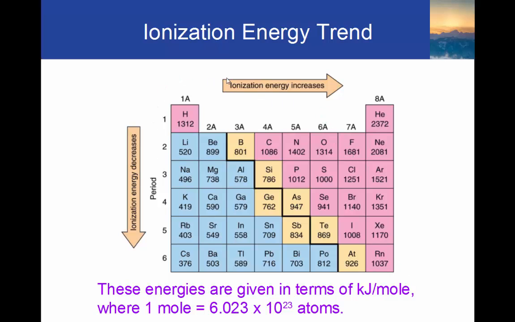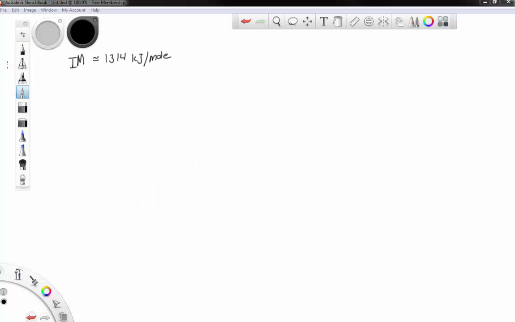And we need to find the oxygen on this table, so that would be O. So this right here is the molar ionization energy, 1314 kilojoules per mole. Alright, and then we wanted to know for a single atom, so we're probably going to need that conversion factor from moles to atoms.